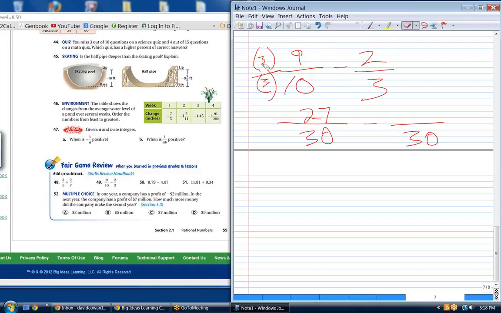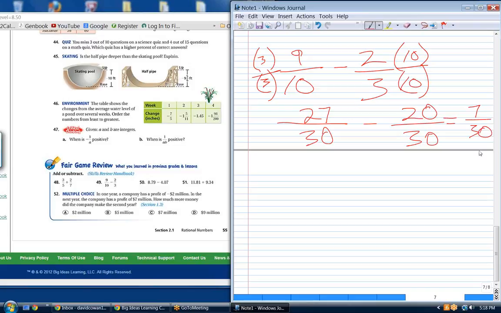As long as what I multiply by is 1, which is 3 over 3, I turn its denominator into my common denominator, and its numerator becomes 27. Now, to convert 2/3, I have to multiply it by 10 over 10. That makes the numerator 20. And that comes out as 7/30.